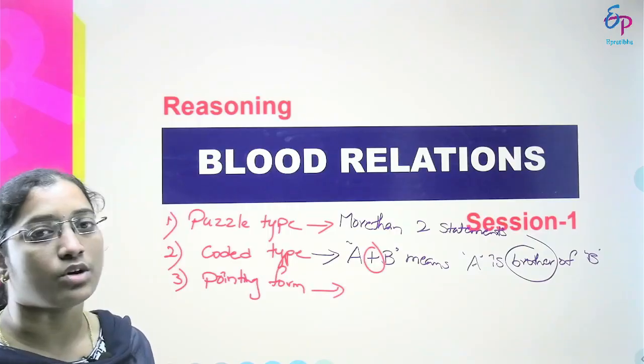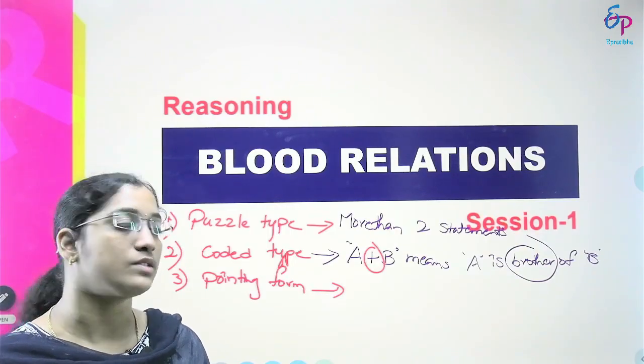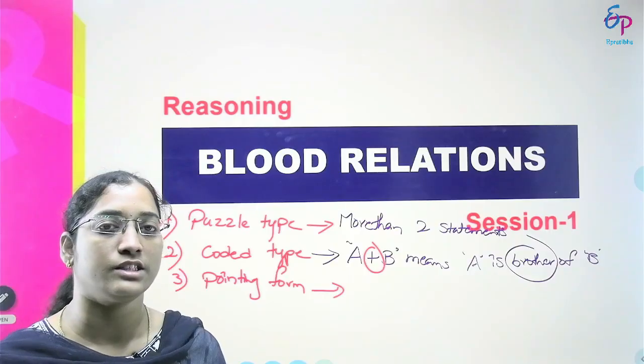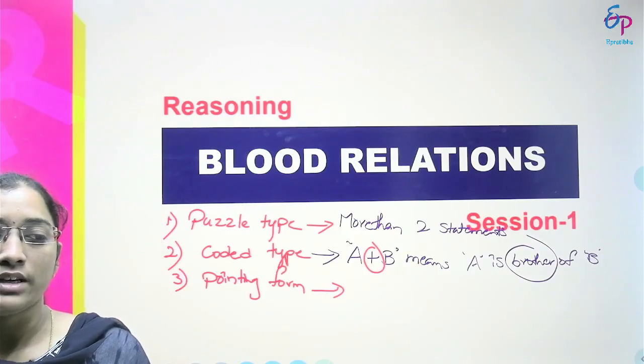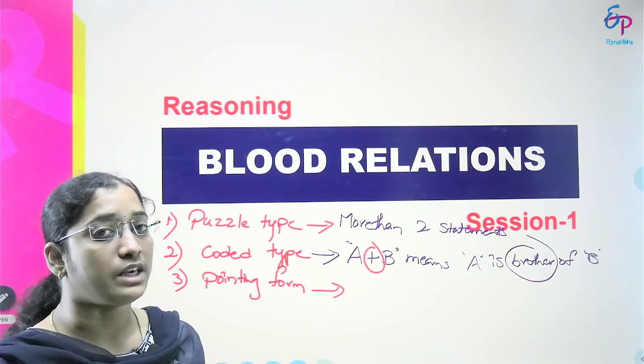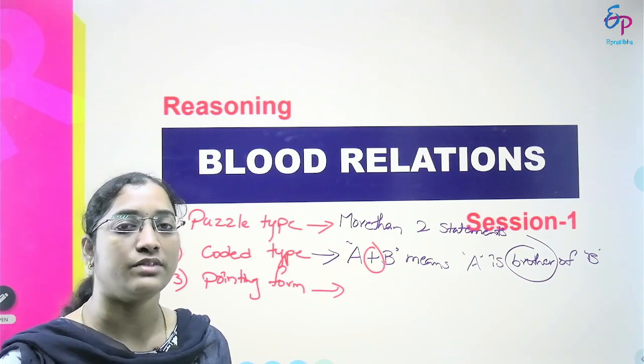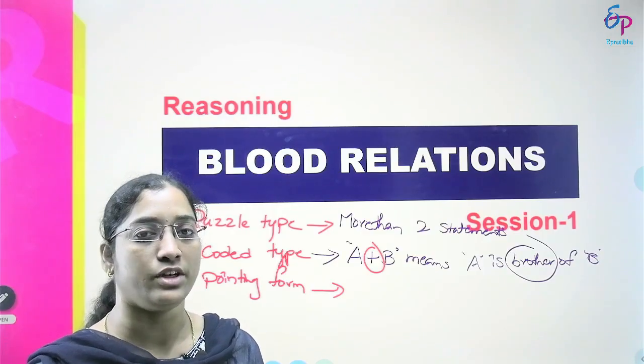So here our next model is pointing form. Okay, so in pointing form, how do we find out whether the given question is pointing form or not? In a pointing form question, pointing form question means definitely we need some conversation between two persons, friends.